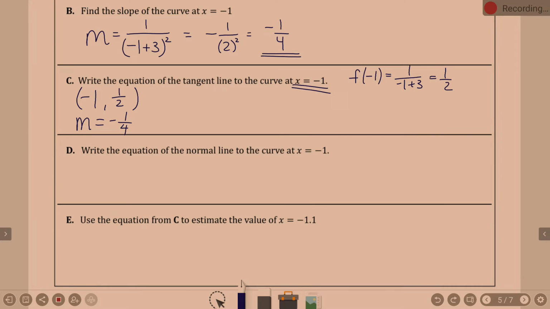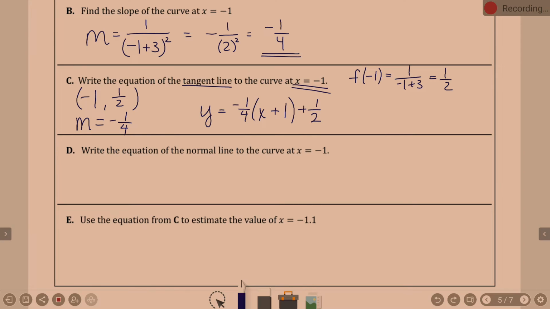They asked me to write the equation of the tangent line. So, how do we write this? y equals -1/4 times (x plus 1) plus 1/2. Yep. Yeah, because it's y minus... I was having to process the same thing, actually.